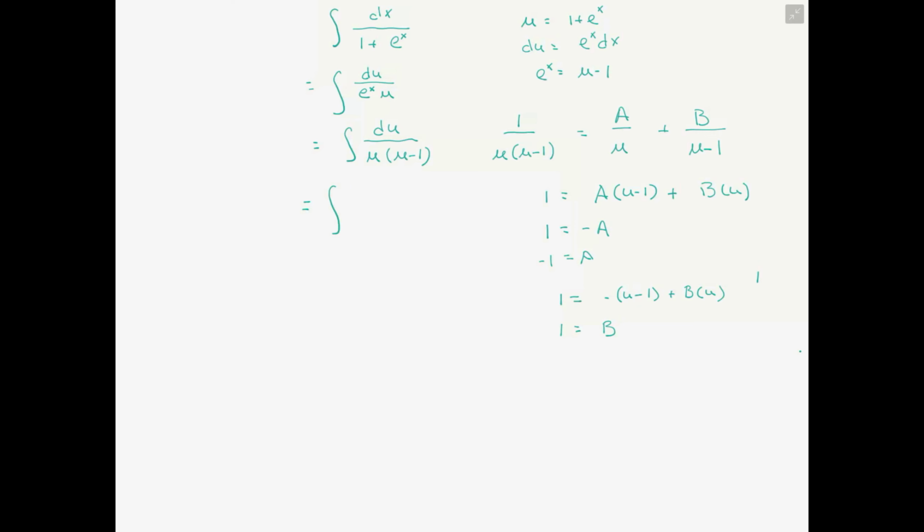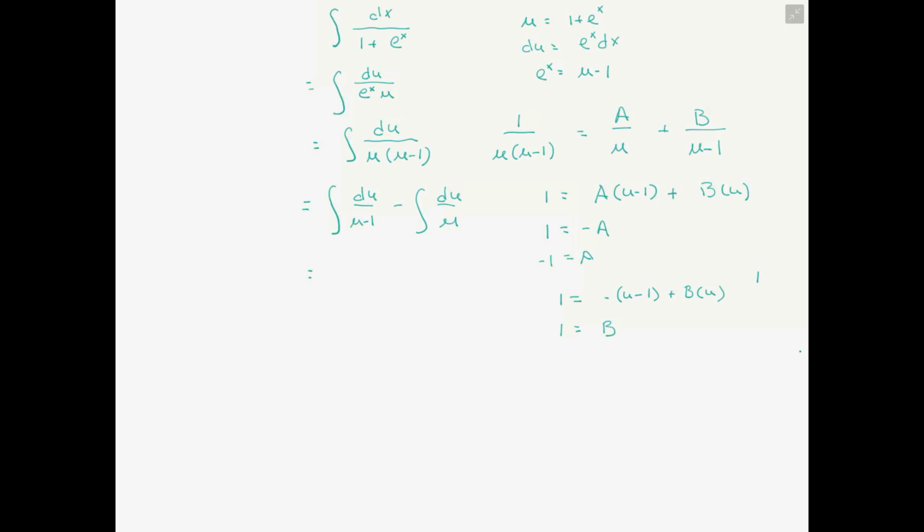So now we have two integrals: du over u minus 1 minus du over u.